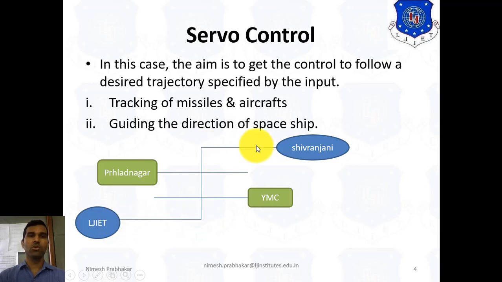To regulate this path we need a control system, and we can achieve it by using a servo control system. So these are the two main types of control system. The first is the regulatory control system, and the second is the servo control system.